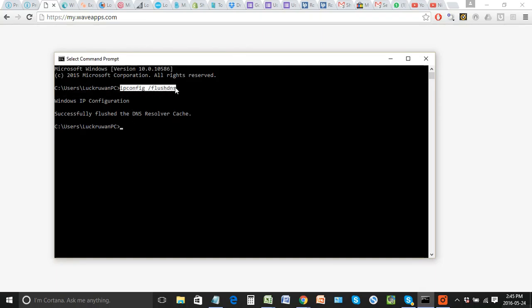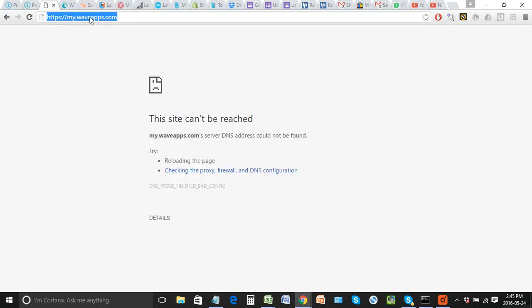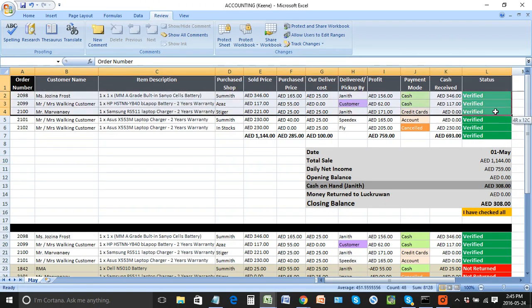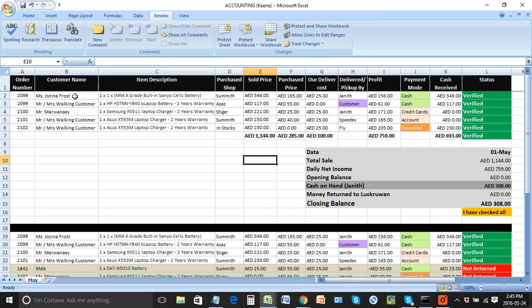Okay, it's an internet issue, but anyway, what I'm trying to accomplish is to put this in a cloud system, so all the data you will be able to edit. So it will be online.